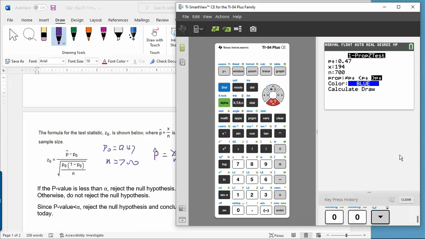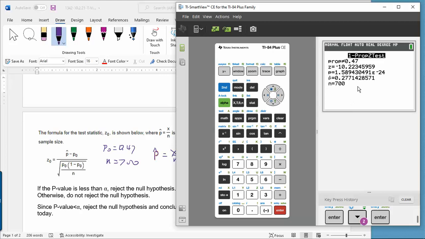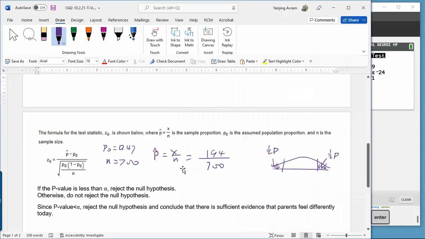This is two-tailed, so I hit the two-tailed option and then calculate. It gives you the z value, which is negative 10.22.